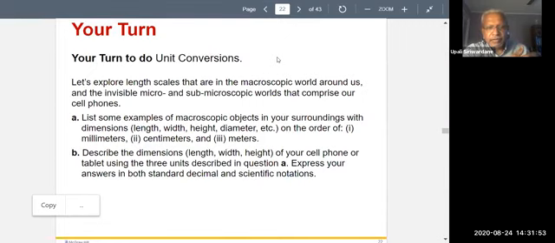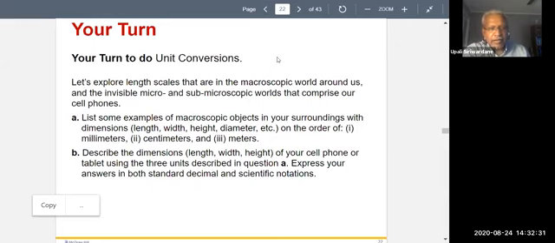Give an example of something that you see which is considered a macroscopic object. A tennis ball, or something you can see: baseball, tennis ball, football, with dimensions like a half meter or a quarter meter. These are macroscopic ranges.